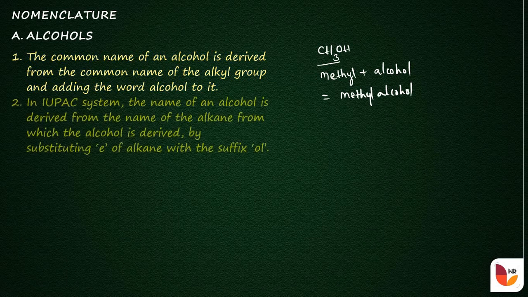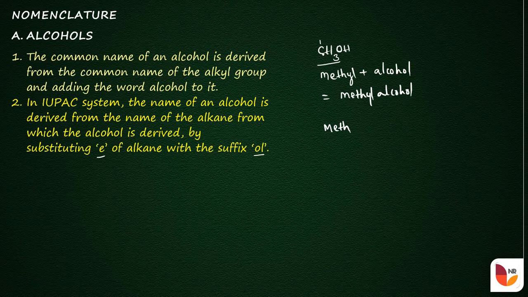In the IUPAC system, the name of an alcohol is derived from the name of the alkane from which the alcohol is derived, by substituting the E of the alkane with the suffix OL. Let us take CH3OH. According to the IUPAC system, first count the carbon atoms. The molecule contains only one carbon, so the root word is meth.